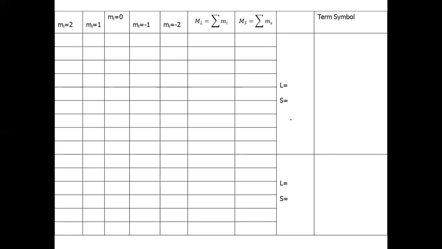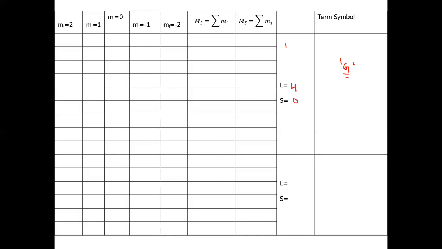Suppose let us start with L for S equal to 1, S equal to 0. So this leads to the term symbol 1G. Now what is in the term state? It is 1G. It contains 1, 2, 3, 4, 5, 6, 7, 8, 9 microstates.